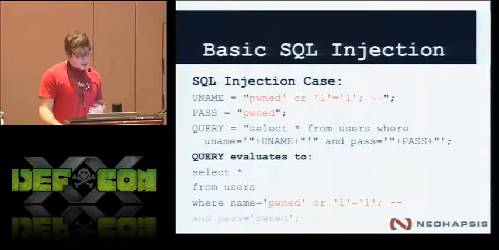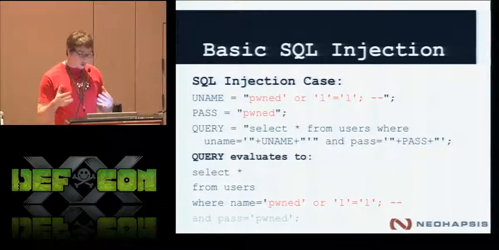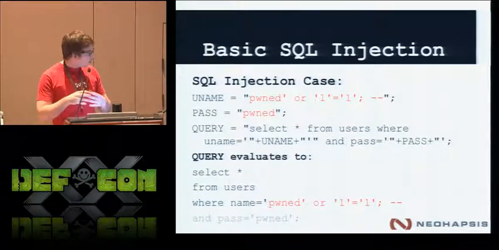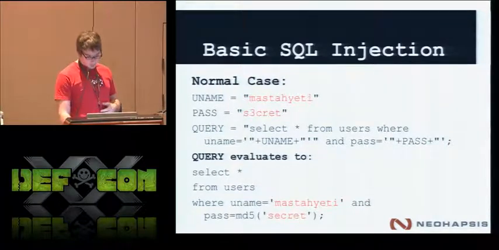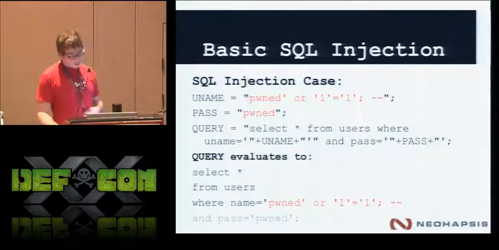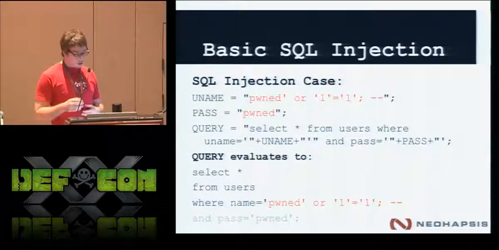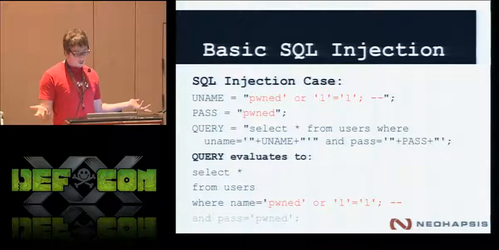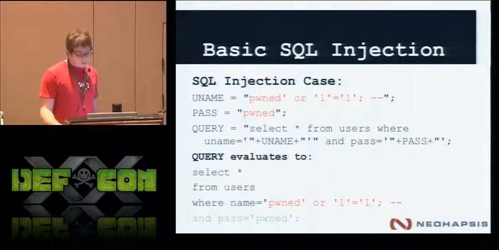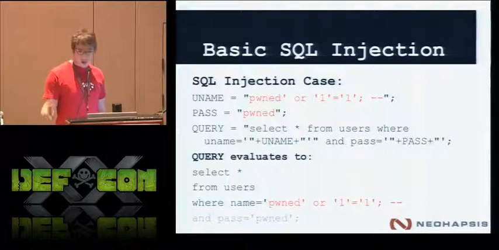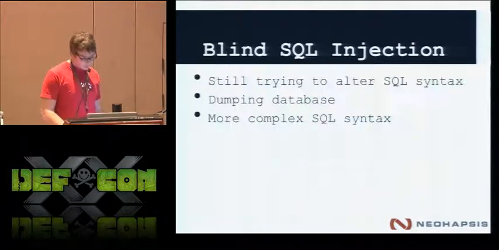There's a typo there. When you look down at the way the query evaluates, you see that it breaks us out of the way the query should look. Inserting that tick symbol allows us to escape out of the query and basically say, well, if the username is pwned, or 1 equals 1. And since 1 equals 1 always evaluates to true, we basically get access to the system, right?